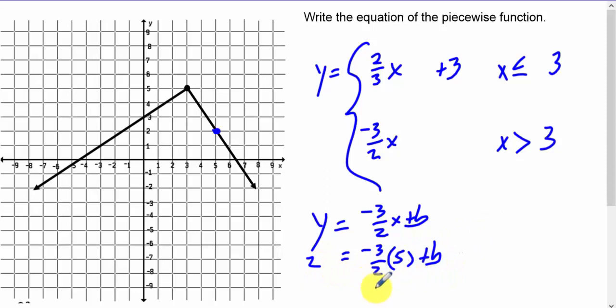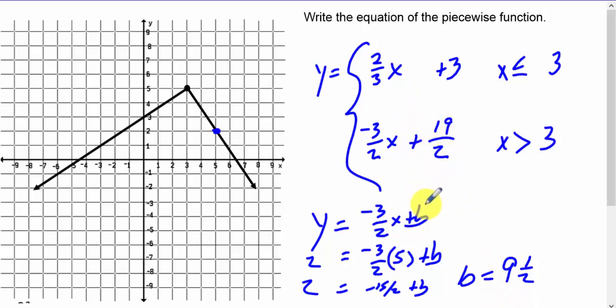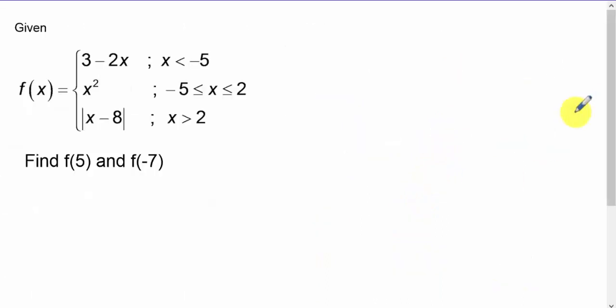Let's see, that's going to be -15 over 2 plus b is equal to 2. That's 7.5. Bring that over. So b equals, it looks to be 9.5. Like so. So plus, and I'm just going to be consistent, 19 over 2. And that should be my equation.